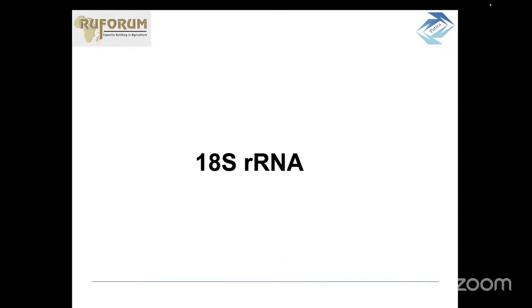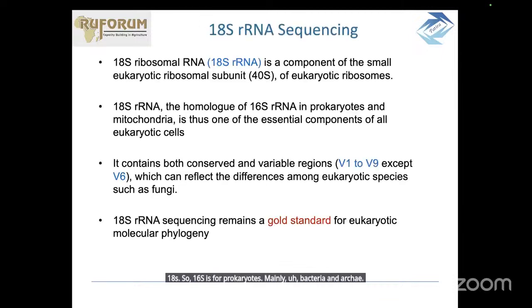18S. 16S is for prokaryotes, mainly bacteria and archaea. 18S is from eukaryotes. It's also a subunit of the ribosome, a homolog to 16S, but it contains the variable regions V1 to V9 except V6.